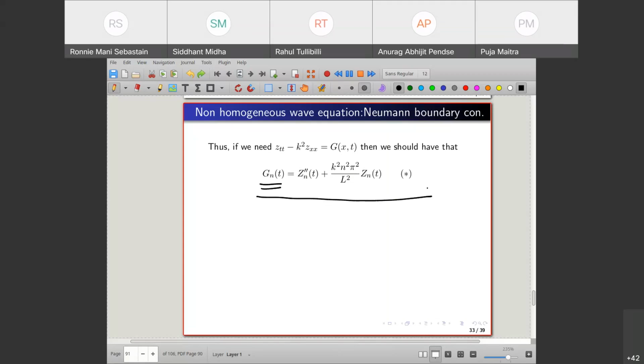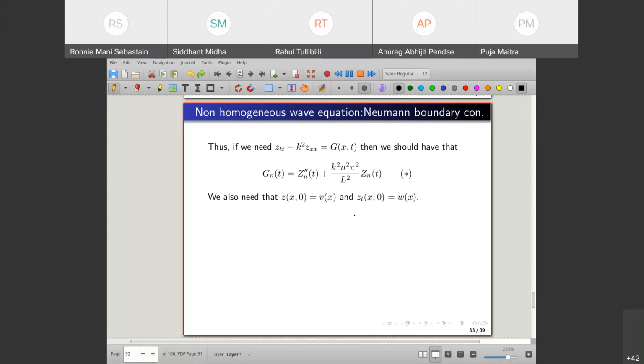So we need the z_n's to satisfy this differential equation. And to specify what z is, we need to know what these initial values are. And for that, we look at these conditions.